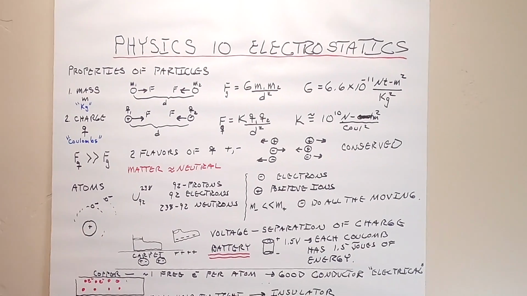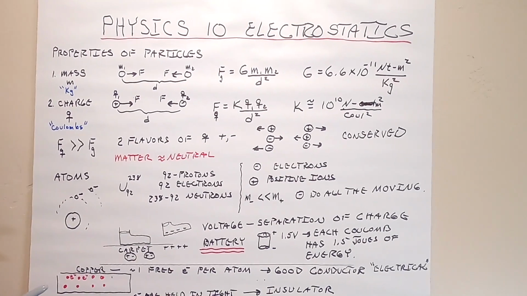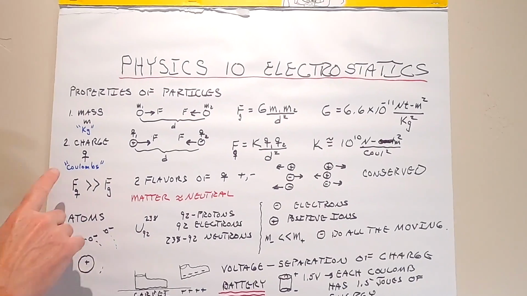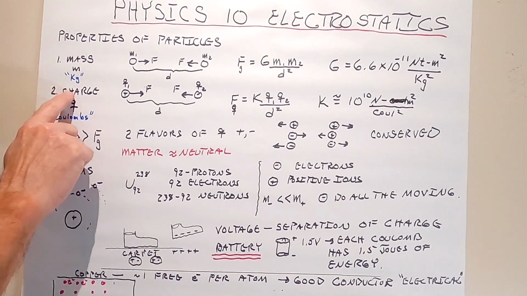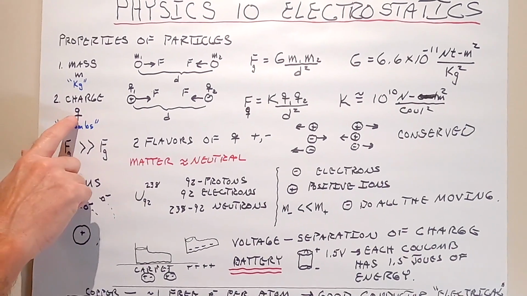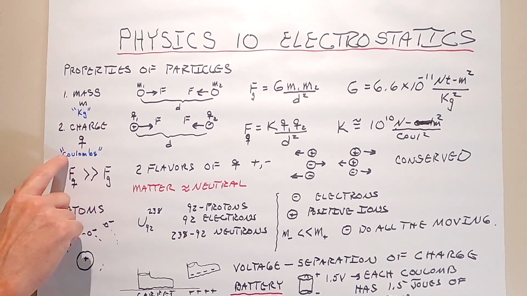Well, it just so happens that there's another property of particles that governs a different force. We don't call it mass, we call it charge. And the units are not kilograms, they're called coulombs.